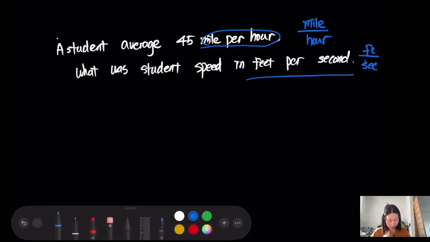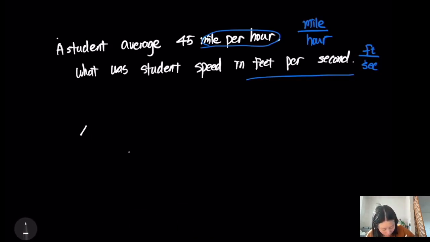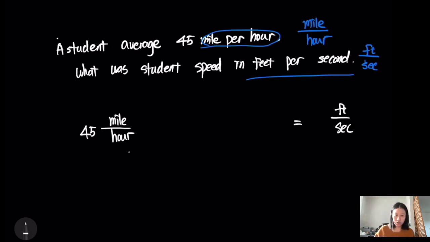Okay, let's set up the equation here. We have 45 miles per hour, and your goal is to get feet per second. So let's do this one by one. That means we need two conversion factors. One is for the distance, the other is for the time.